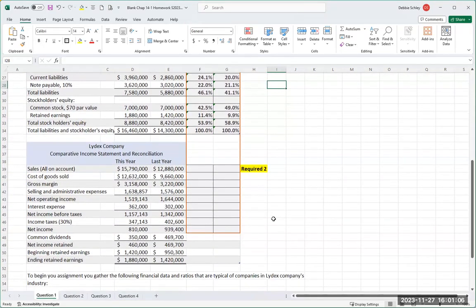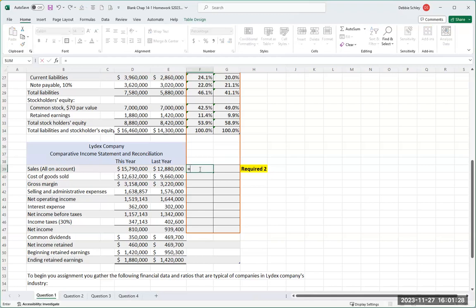Okay, now for the income statement for required two, we only need to go down to net income. We don't have to go all the way down. So for the income statement to get it into common size, everything will be divided by the total sales.